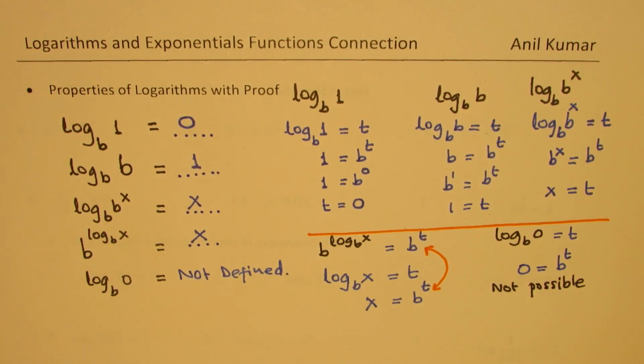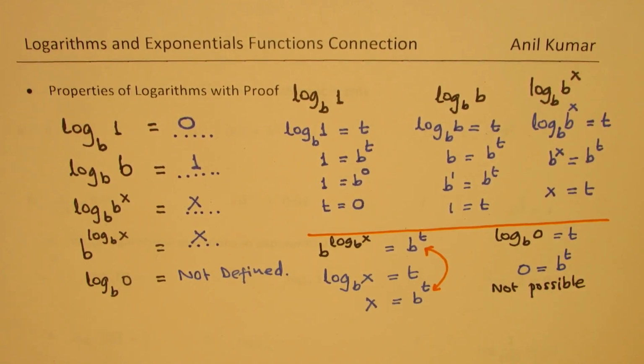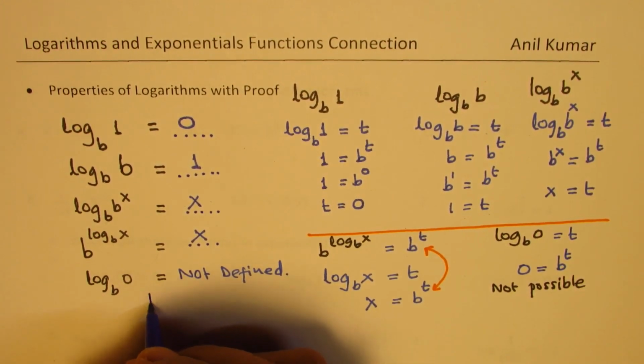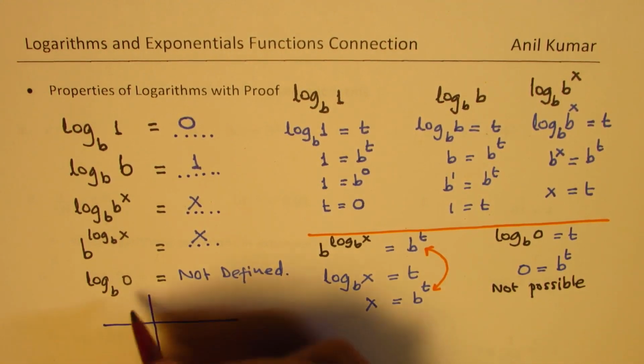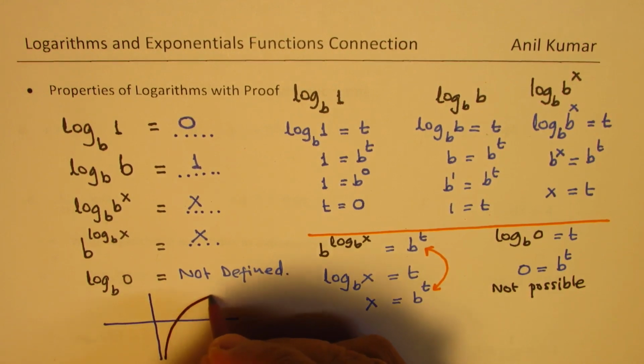So with this, we have got our 5 basic rules. Once again, I'll sketch the logarithmic function graph here, just to remind you how it looks. It is kind of like this.